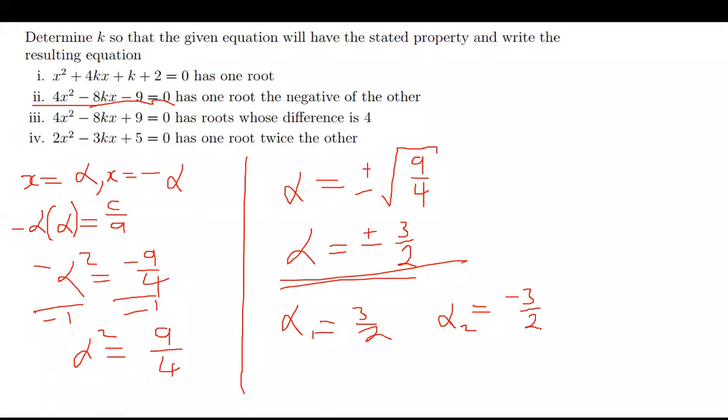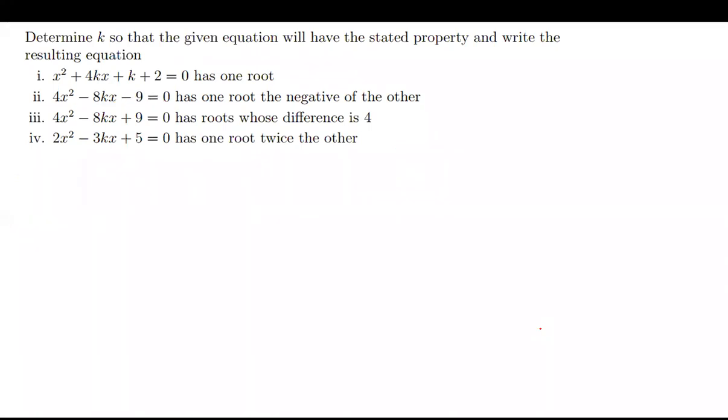All right, so now we continue. Let us also try to look at 3. Okay, so 3 here is saying 4x squared minus 8kx.